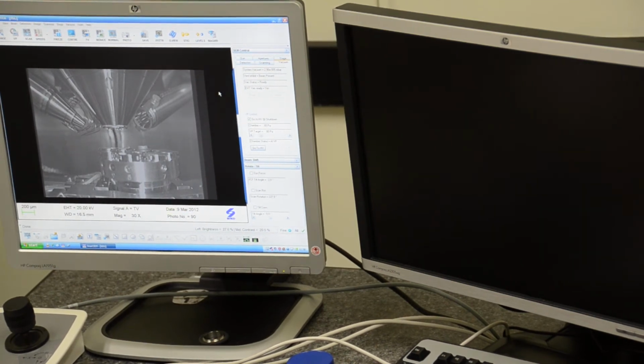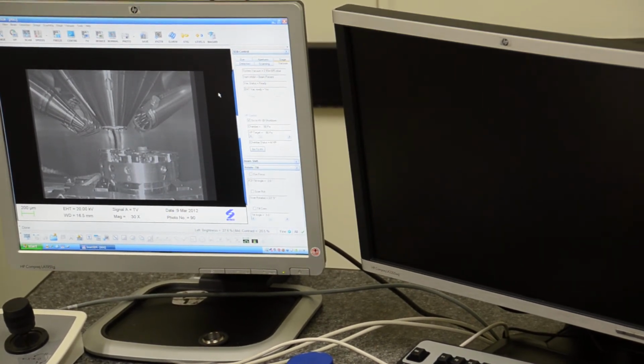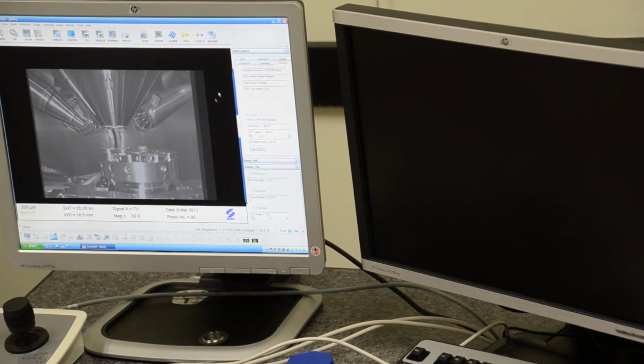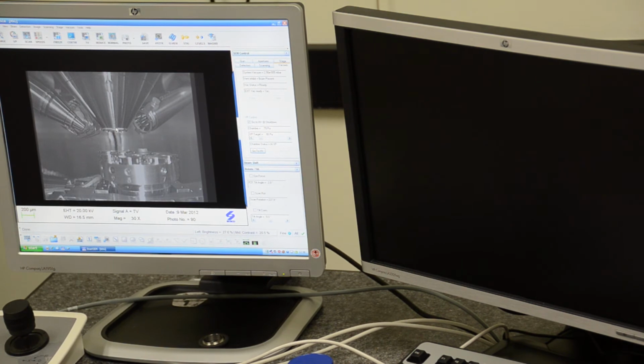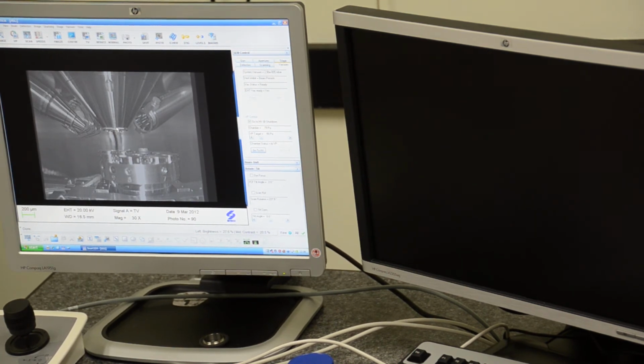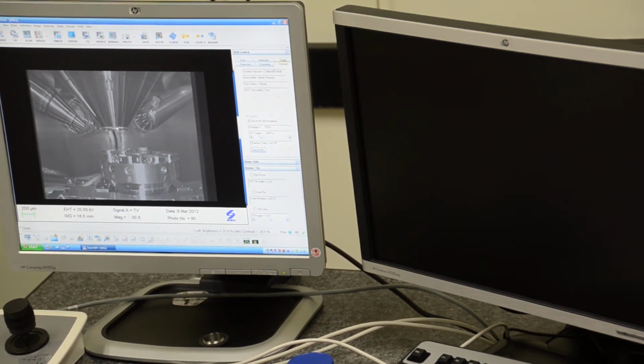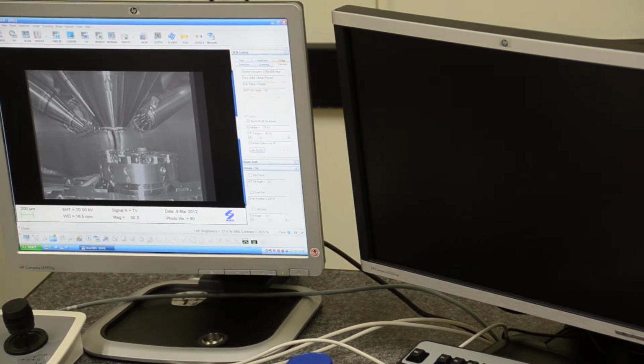So you need to know that. In the variable pressure mode, this SE detector cannot be used. You have to go to the variable pressure SE detector, but the backscatter detector is still able to be used, because the backscatter detector detects the high energy backscatter electrons, so they are still okay.